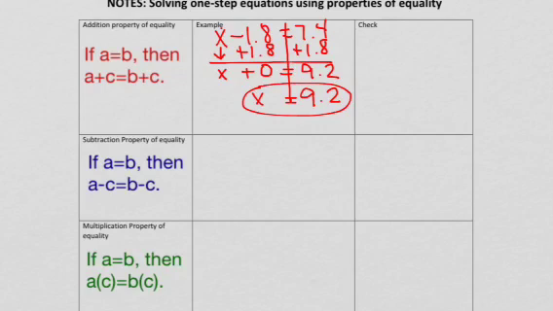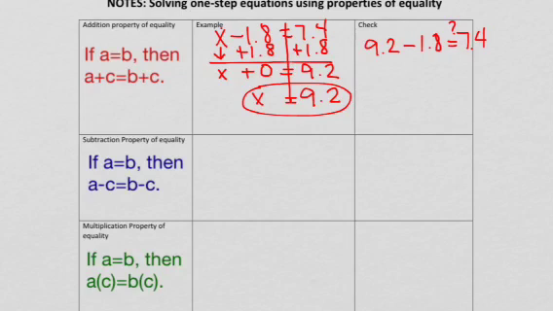And then I have another box over here that says check. So all I'm going to do is plug 9.2 in for the x in my original problem and make sure that it really does work. So 9.2 is my x minus 1.8, and does that really equal 7.4?